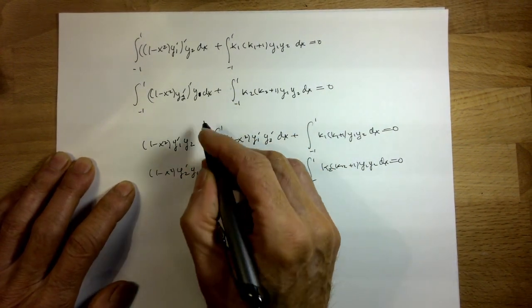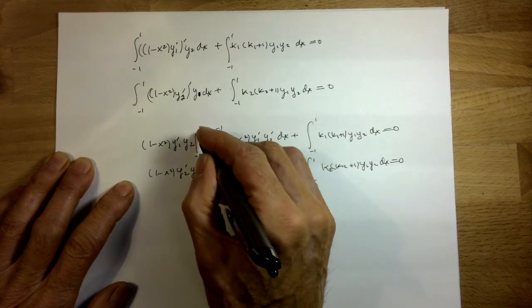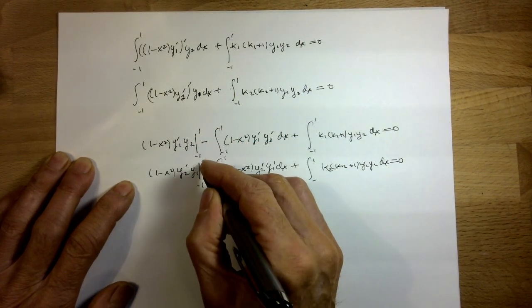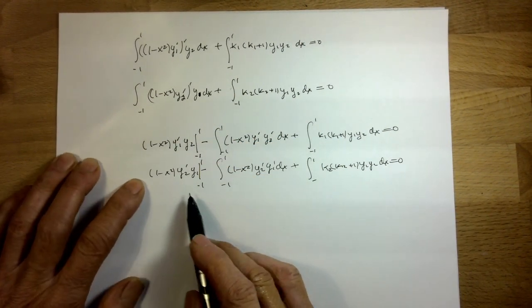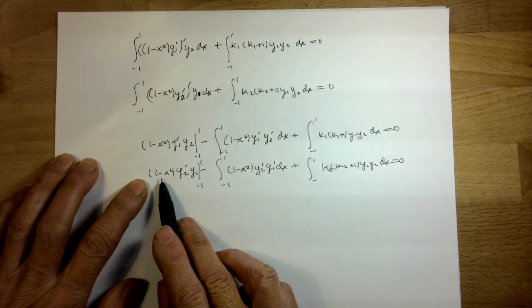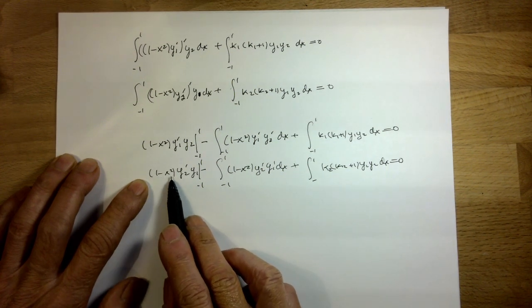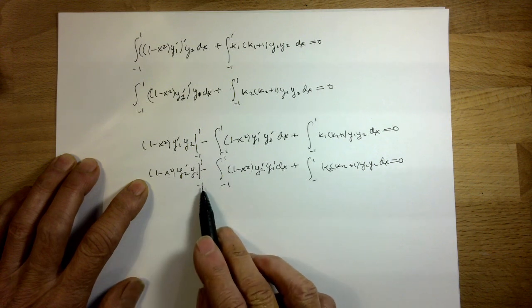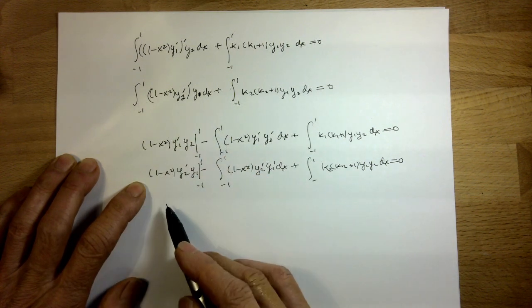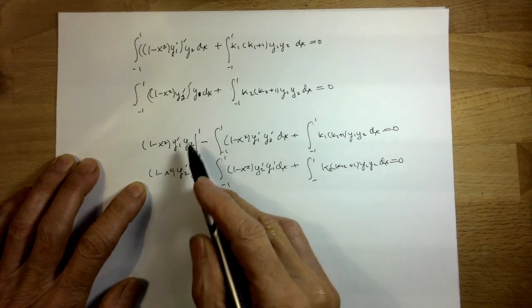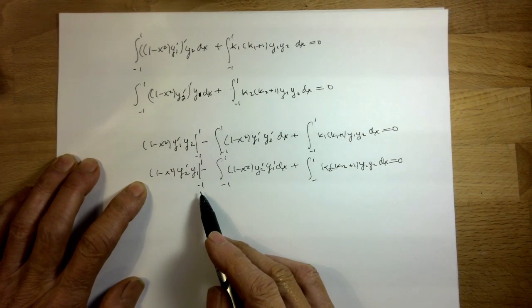Now this first term is evaluated at minus 1 and 1. In both cases, when I plug in x equals 1 I get 0 for 1 minus x squared, and when I plug in x equals minus 1 I get 0. So both of these terms are 0. They go away because at the limits everything is 0.